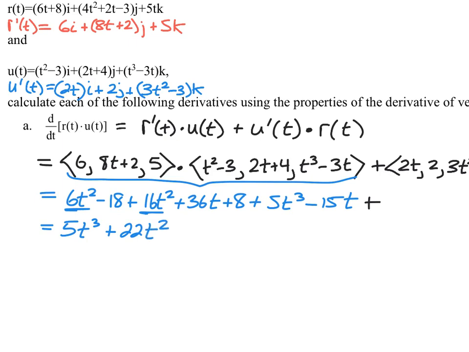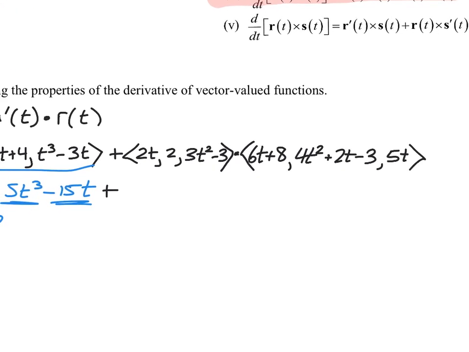Then I have the 36t minus 15t, so it's going to give me 21t. And then lastly, because I already accounted for this one, it looks like just a negative 10, negative 18 plus 8. All right, so that's that part of it. Now I just got to do all that again with this stuff.